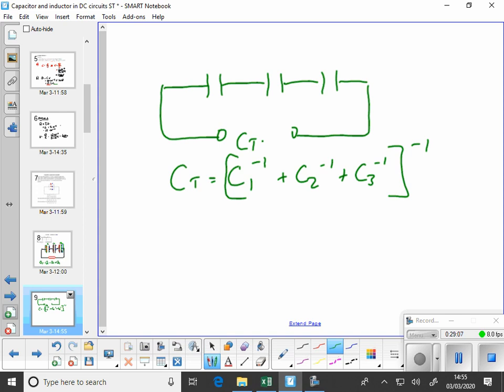But from resistance, that was for parallel resistance. So if that's C1, C2, and C3, and we can add any number we want, we get the total capacitance by doing the power minus 1 formula, I like to call it.